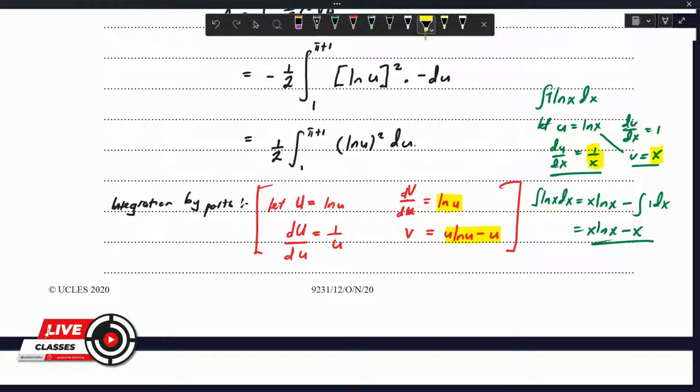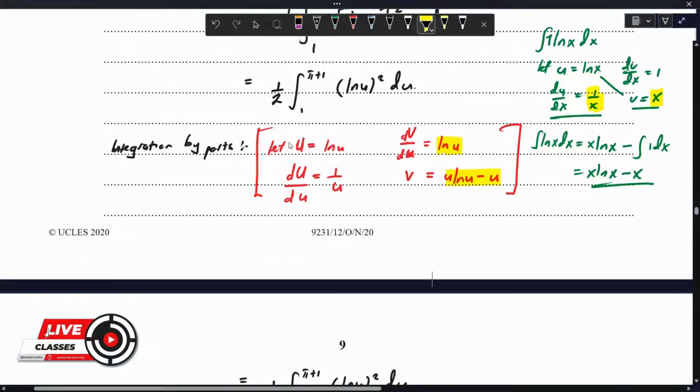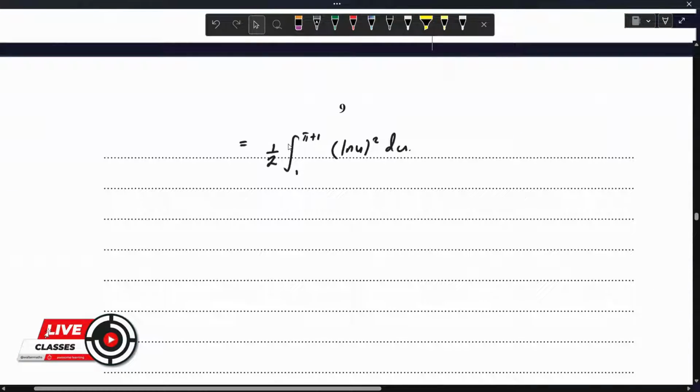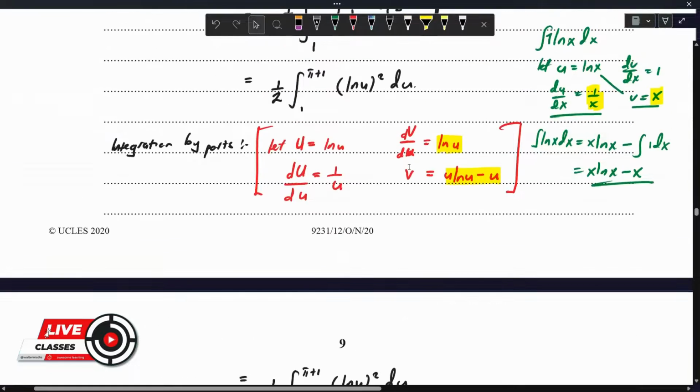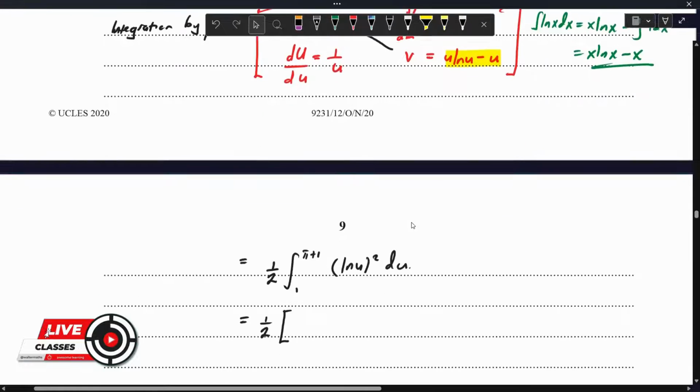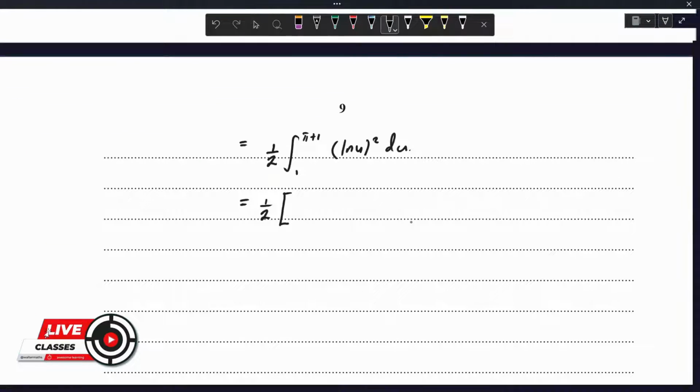Okay, I get it. All right, so this is going to be equal to, by parts, half of uv. We do these two, which would be u ln u minus u of ln u.